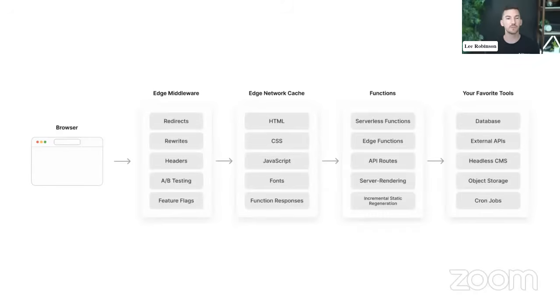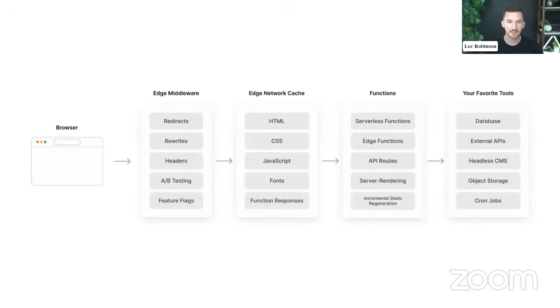It allows you to run some dynamic code before you serve up some file or some HTML, CSS, or JavaScript. The type of code that you run with Edge middleware is likely something like a request or a redirect, a rewrite, headers, and the applications of these are things like A/B testing or feature flags. We'll get into this a little bit more in a second.